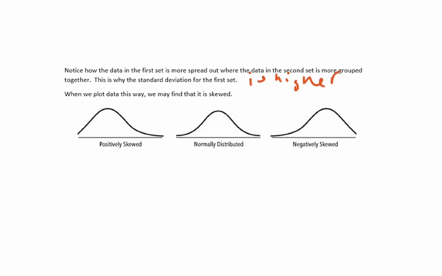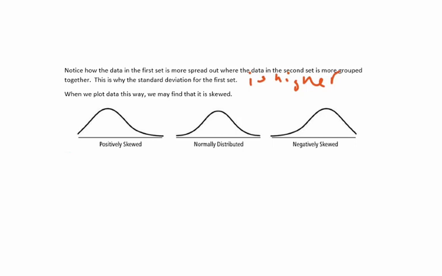So positively skewed is going to be in the direction of where the tail is. Negatively skewed is going to be in the direction on the left. Okay, not where the hump is, which for me anyway is backwards from what my intuition tells me it is, and my intuition is wrong.